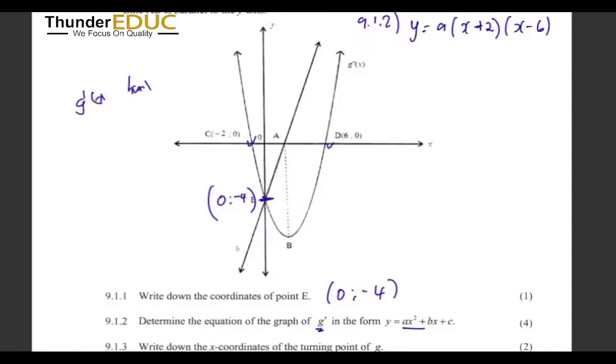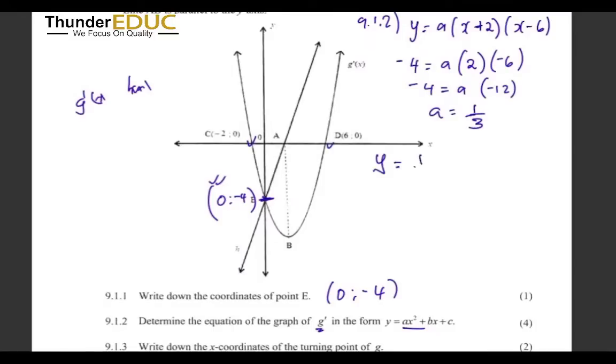Okay, I'll start by finding the value of a using this point where x is 0. So negative 4 is a into 2 into negative 6. So negative 4 is going to be a into negative 12. Divide both sides by negative 12, which means a is 1 over 3.